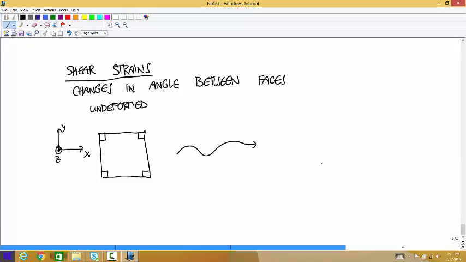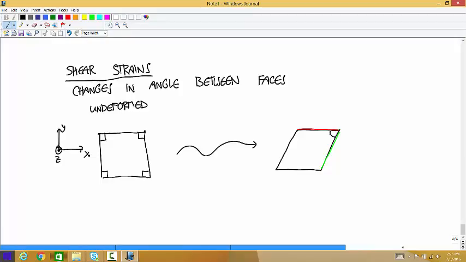After deformation, the angle between the two positive faces, in this case, this is the positive y face, and this is the positive x face, okay?